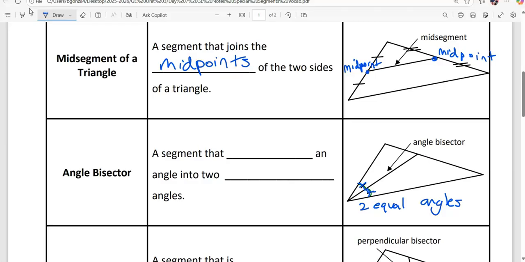If you see 2 little equal angles, that means that big angle has been cut in half. That's an angle bisector. A segment that bisects an angle into 2 congruent angles. I guess that's the word I should have used. Congruent, not equal. Two congruent angles.